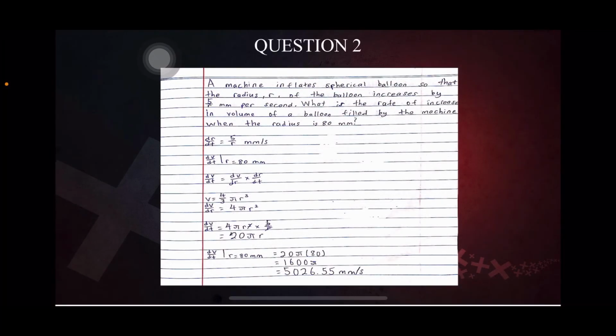Alright, so for question 2, let's read along. A machine inflates a spherical balloon so that the radius r of the balloon increases by 5 over r mm per second. That statement means that our dr/dt equals 5 over r mm per second, because the statement says that the radius of the balloon increases by 5 over r mm per second, which is with respect to time.